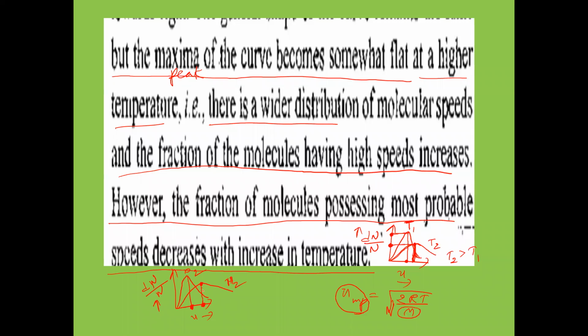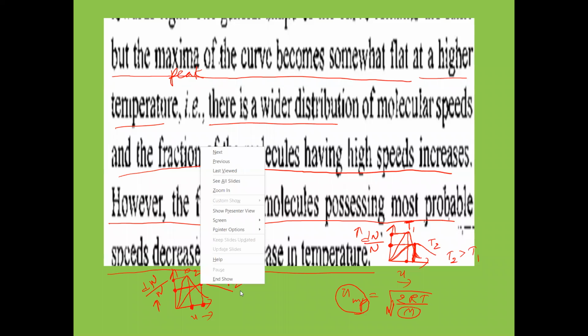Now in the case of O2 gas and H2 gas, heavier gas and lighter gas, in which case are more fraction of molecules having most probable velocity? In the case of oxygen, more fraction of molecules have the most probable velocity. In the case of hydrogen, less fraction of molecules have the most probable velocity. So these points we have to understand.